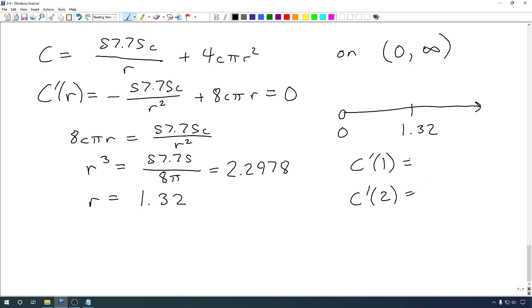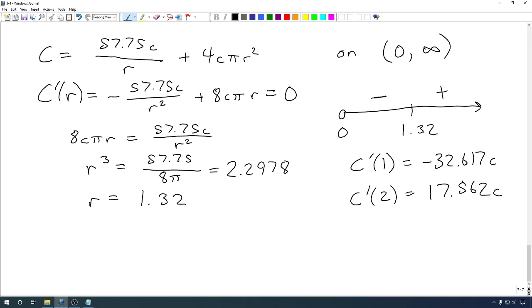For c prime of 1, I got an answer of negative 32.617 times c. Of course, c is a positive number, so this is going to be a negative number overall, because that is being multiplied by a negative. For c prime of 2, I get 17.562 times c. Again, this is a positive because we're taking a positive number times the positive c. So we get a positive there.